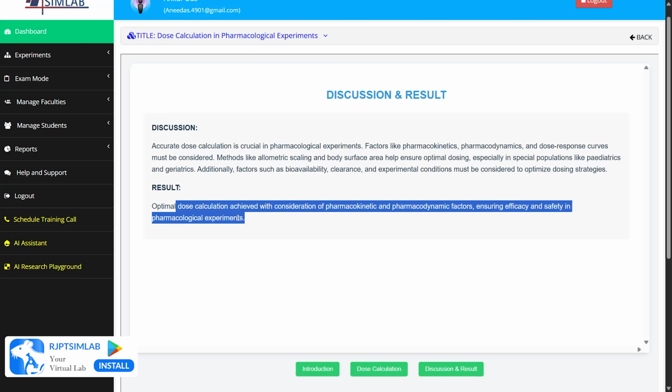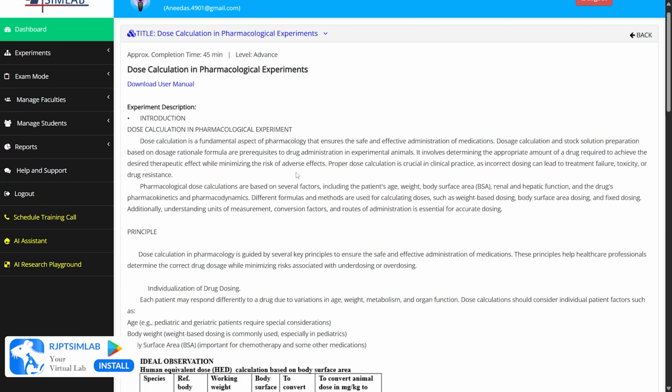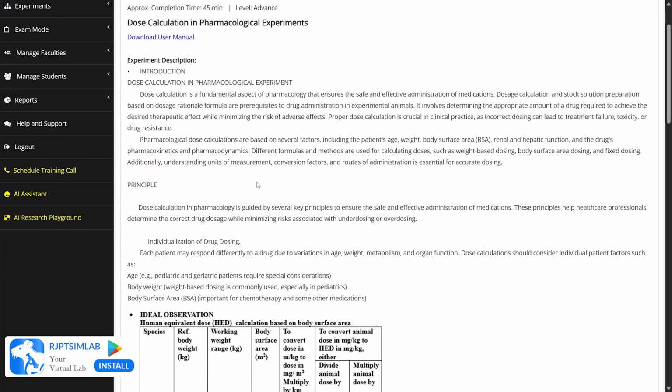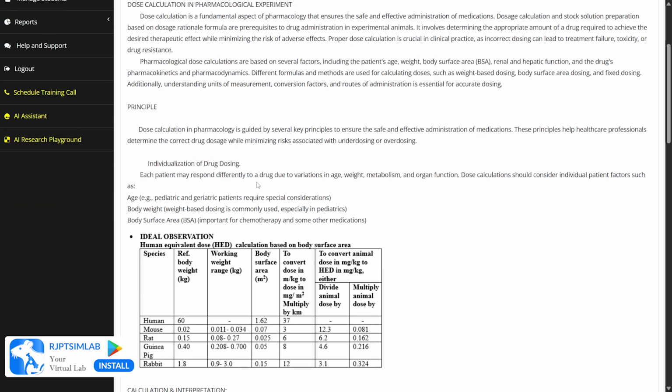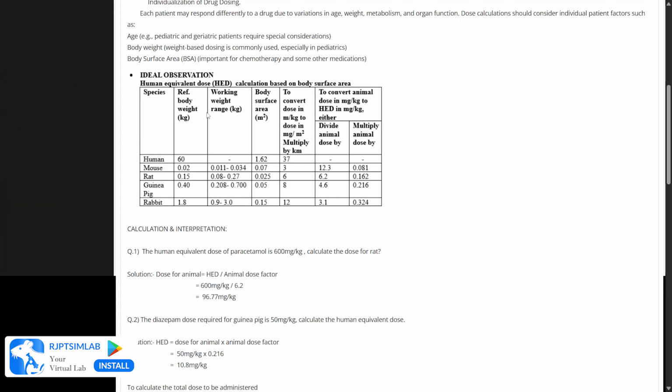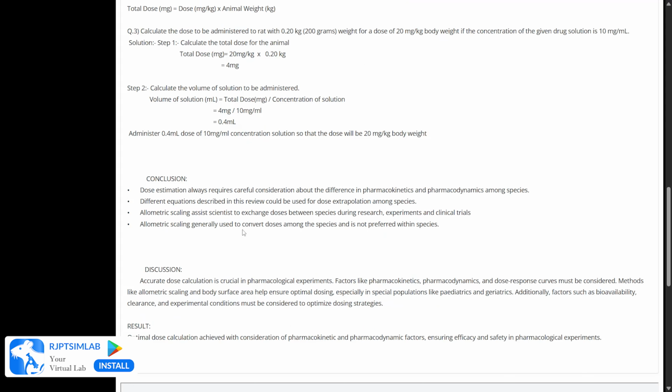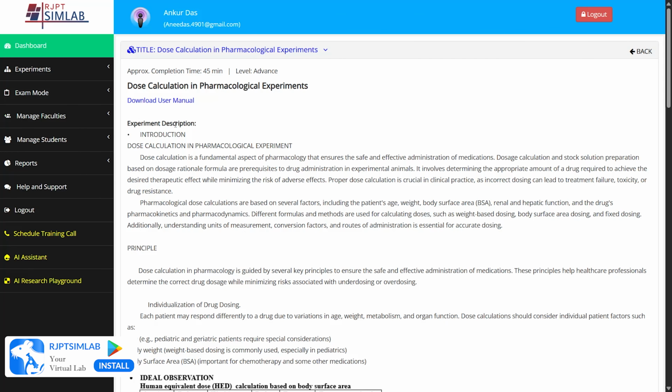Let us see the introduction part also, or a general review part. By clicking this button, we can see a general review part. This portion can be studied before performing the experiment. It gives a brief introduction and details about the experiment. The principle part, the introduction part, the observation table part that we have studied, the calculation portion also, and the conclusion and the result part.